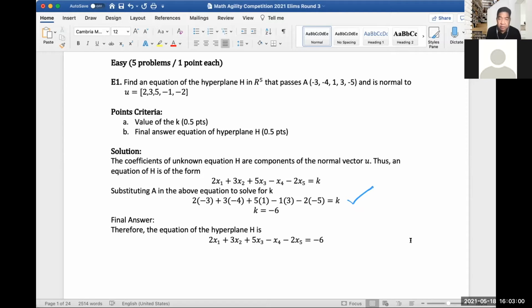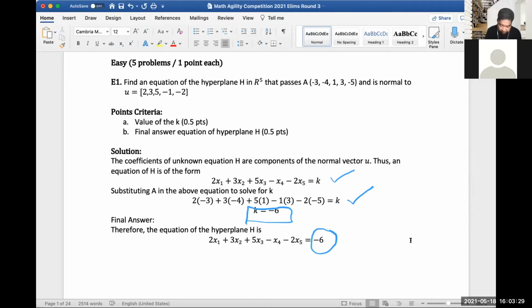And to be able to get k, just solve this, add and subtract all of the numbers to the left, and you would get k equals -6. So again, the equation of the hyperplane will just be our initial equation, but then we have to input -6 at the end. So that's question number 1, easy round 1.